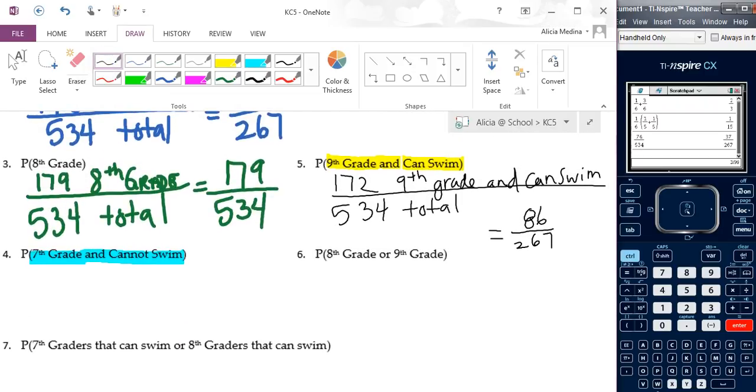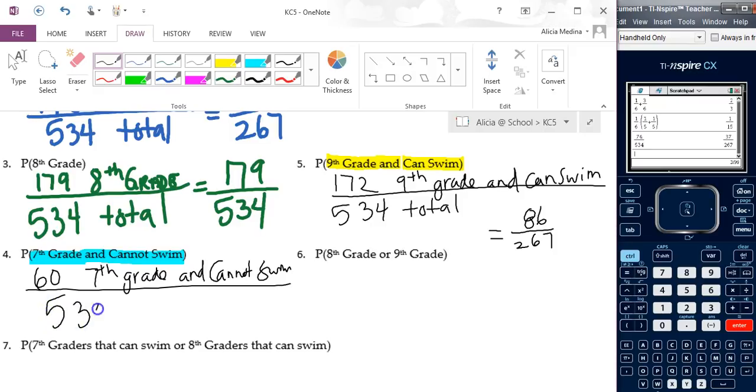So this is going to be 60 7th graders and cannot swim, all over still that total of 534. Running out of room here. So this is going to equal 10 over 89 if you plug that into your calculator.